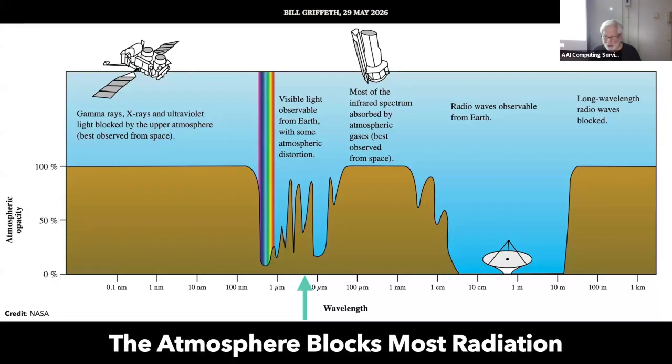Because infrared light is absorbed by moisture, the dryness of places like Chile's Atacama Desert is important. But even there, it's important to locate telescopes at high altitude to further minimize the water in the atmosphere between a telescope and the stars.